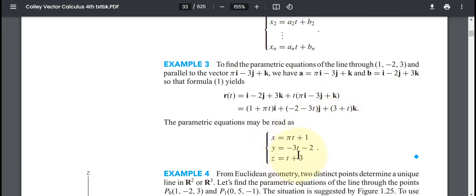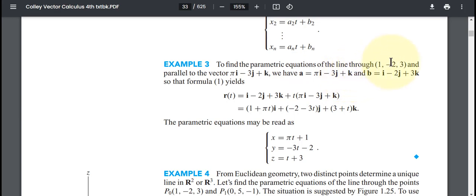And then we get this. So this will give us points on the line that goes through this point and is parallel to this vector.